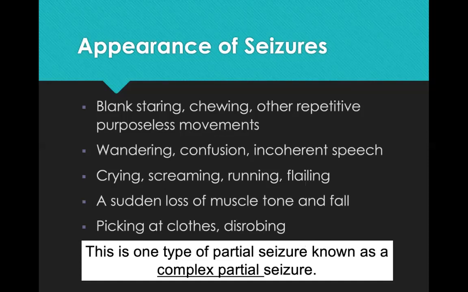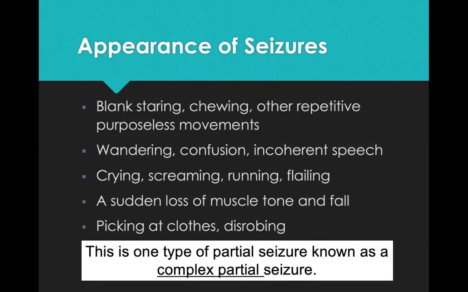So sometimes, instead of having that complete contraction, fall down onto the ground, incontinence, and such, what we can get is blank staring or chewing with their mouth, where they're not actually chewing food, but just chewing on their cheeks and their tongue within their mouth, or other repetitive, purposeless movements. So it's just repeating movements over and over again that have no purpose.